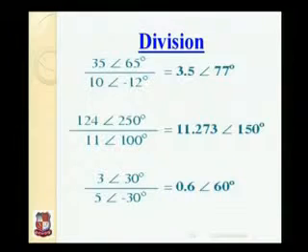So 124 divided by 11, your answer is 11.273, and 250 minus 100, so your angle is 150. The third example is 3 angle 30 divided by 5 angle minus 30. So 3 divided by 5 is 0.6, and 30 minus 30 gives 60. So these are the examples of addition, subtraction, multiplication and division.